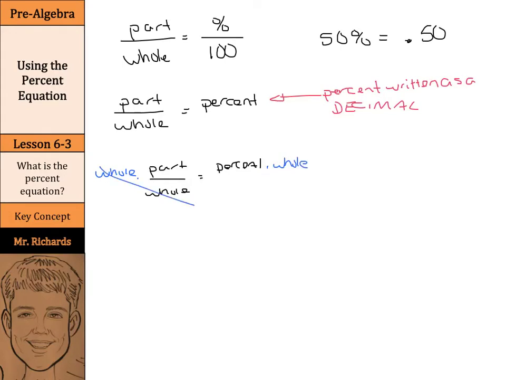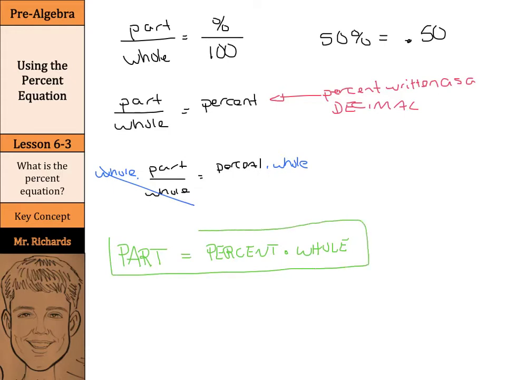That cancels, and we're left with part equals our percent times the whole. Now this form here, part equals our percent, remember written as a decimal, times the whole, this is our percent equation. And it comes from our percent proportion.